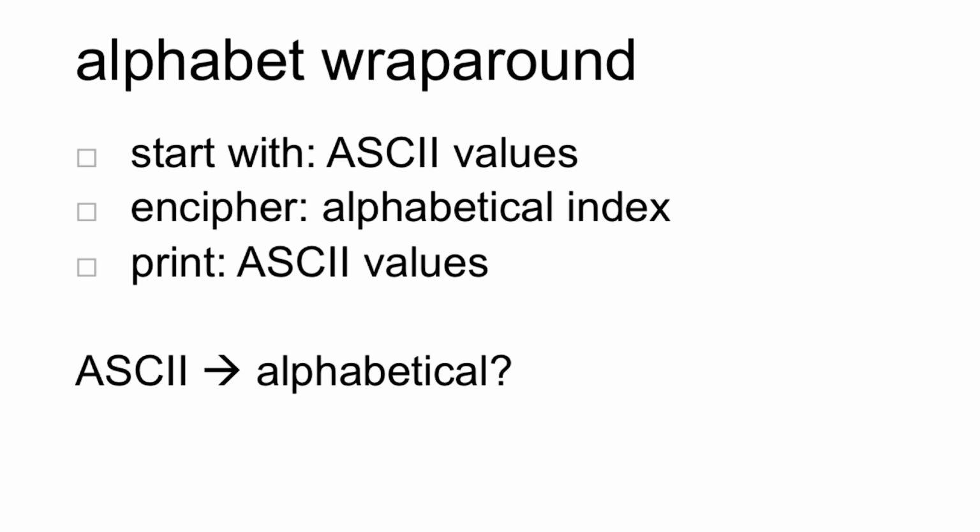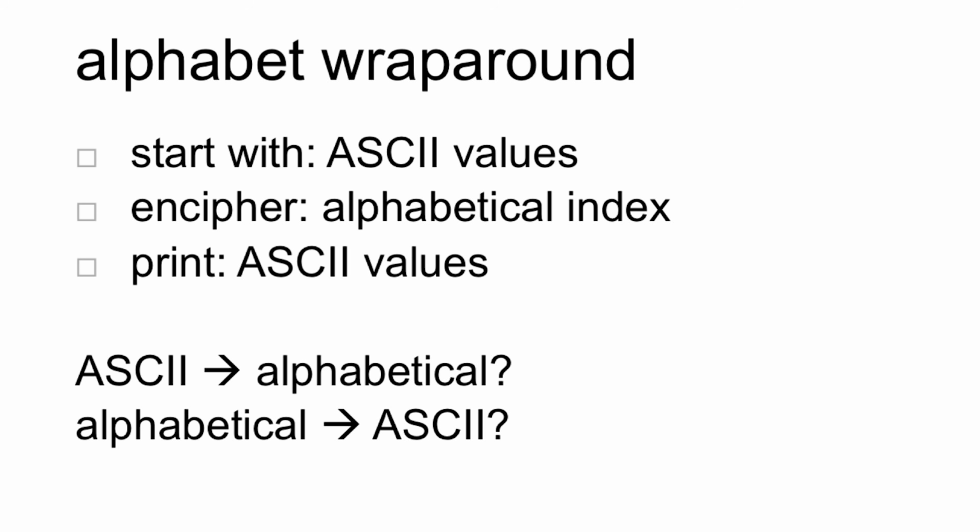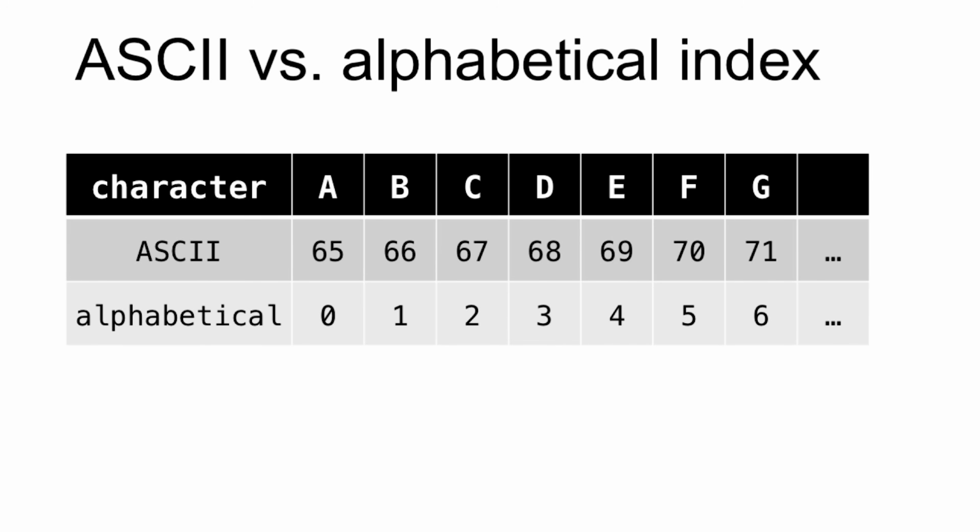So we need to figure out how to go from ASCII to alphabetical and from alphabetical to ASCII. I leave it to you to figure out the pattern between a character and its alphabetical index and its ASCII value. Now remember that even though the table on this slide shows the capital letters, we also have to consider whether or not a different pattern applies for the lowercase characters.